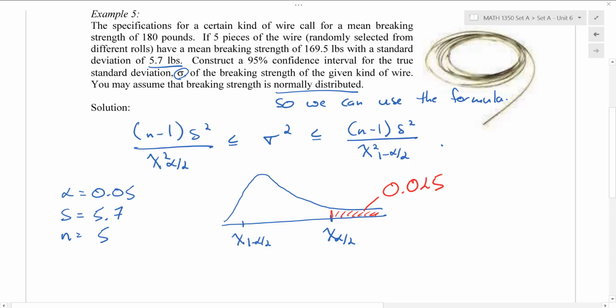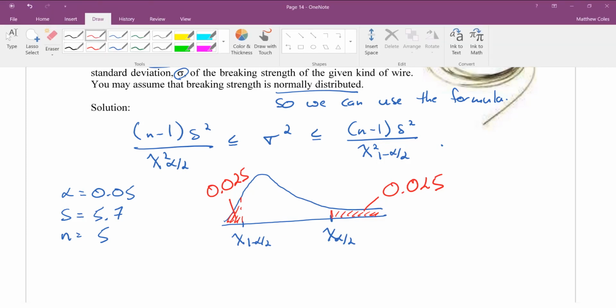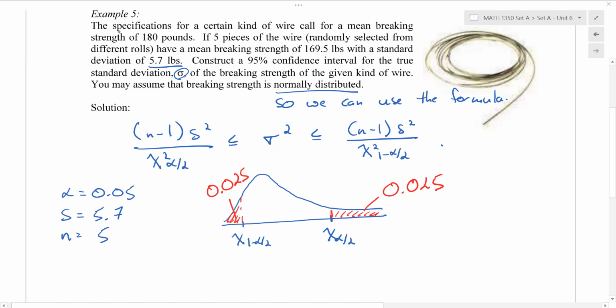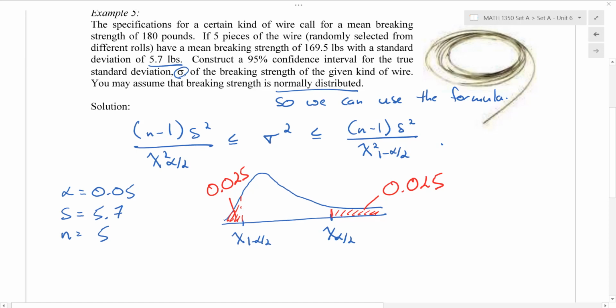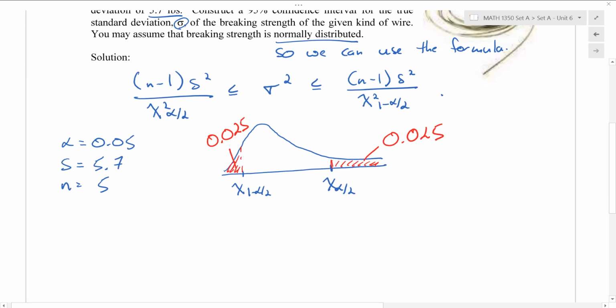So 0.025 probability over here, as well as 0.025 probability over here. Notice that since the distribution is skewed, to ensure that they both get 2.5%, the two values will not be the same. And so we'll compute them each separately. So let's go ahead and do that.